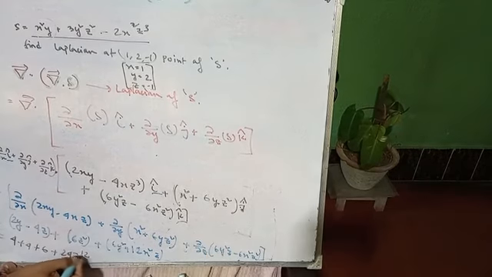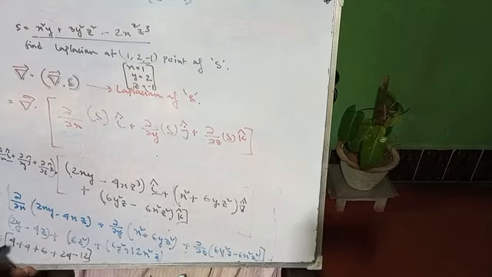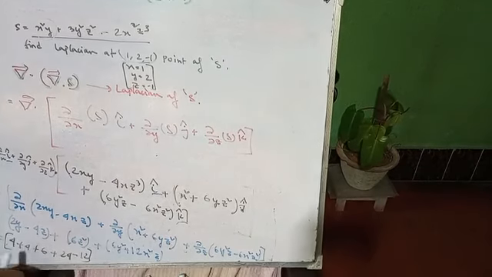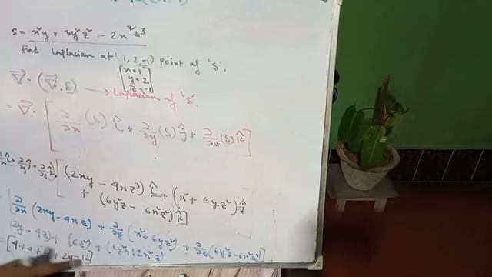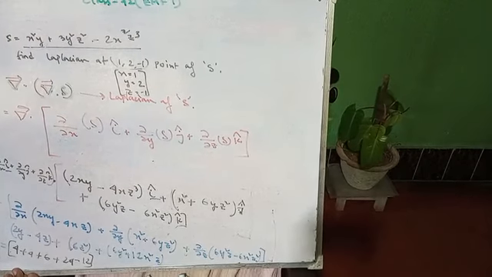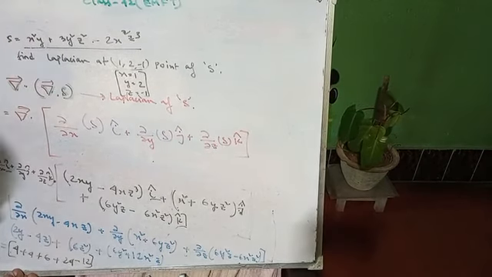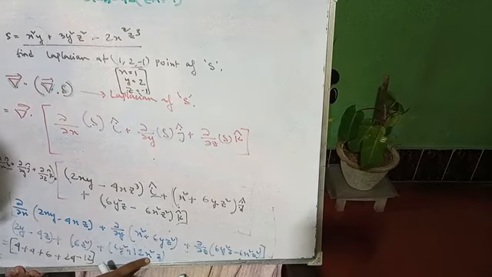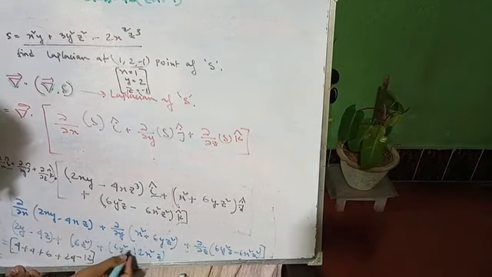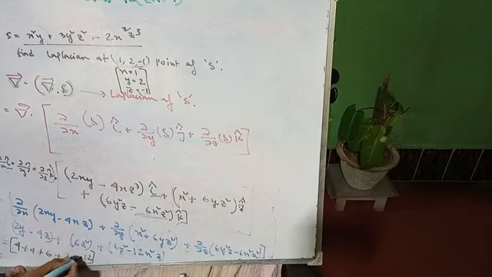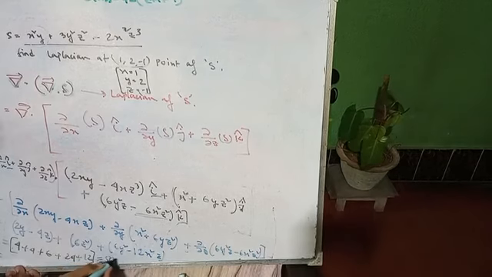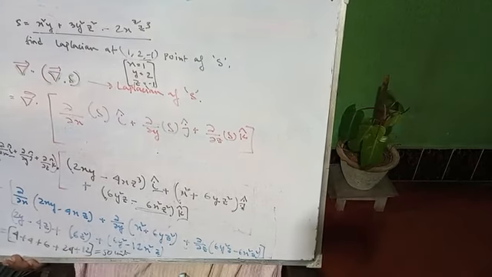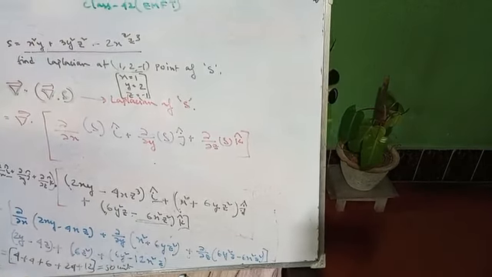So your result will be 4 plus 4 is 8, 8 plus 6 is 14, 14 plus 24 is 38, 38 minus 12. The sign over here is minus, so it will remain positive. Your result will be 50 units. So after calculating it, you can get the result as 50 units.